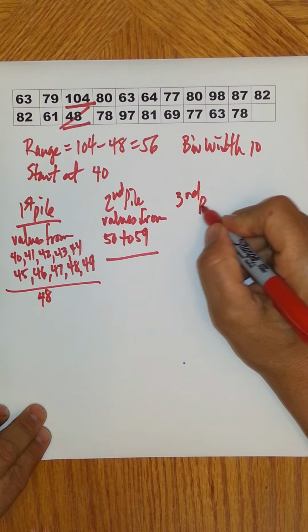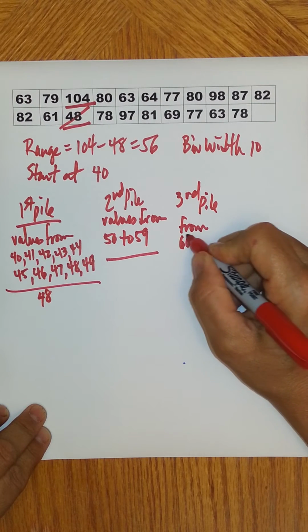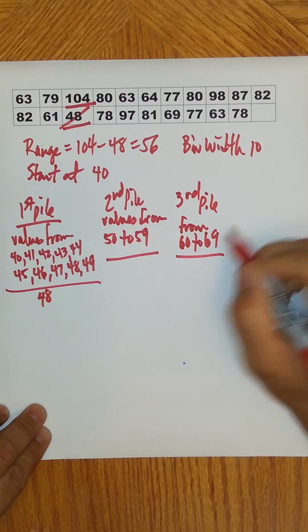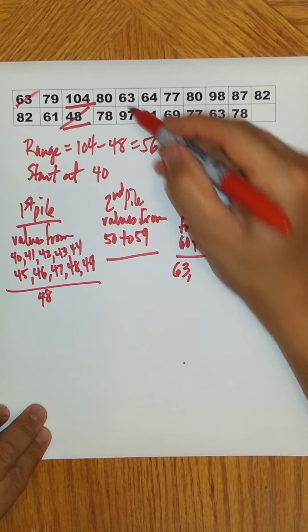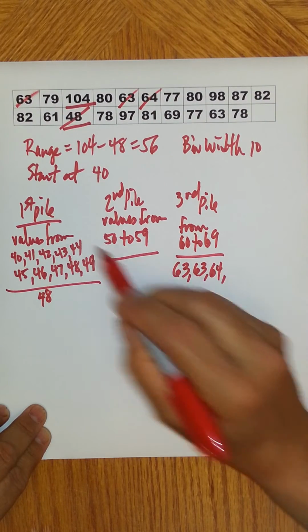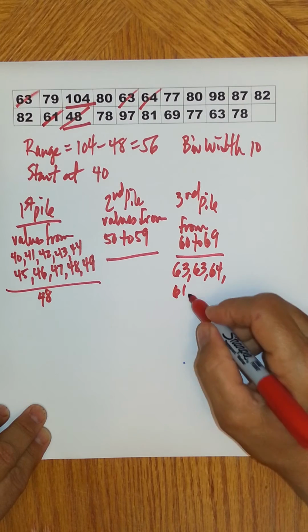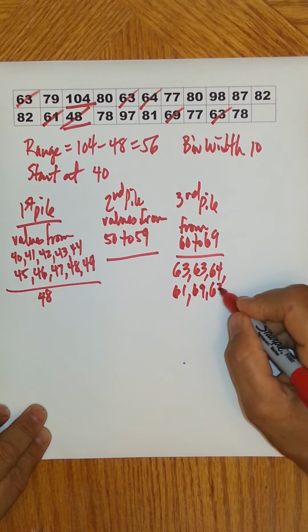So let's take a look at the third pile. So we're going to go from 60 to 69. Okay. And here we go. 63 would go in there. 63 and 64. And let's see, 61, 69, and 63. Okay.